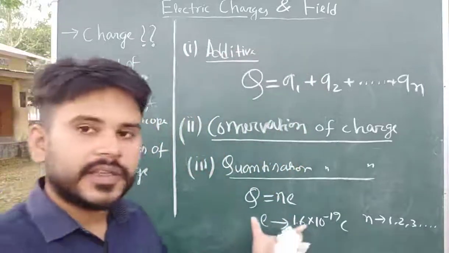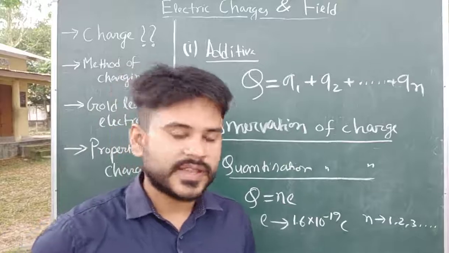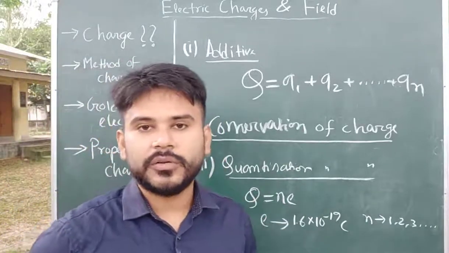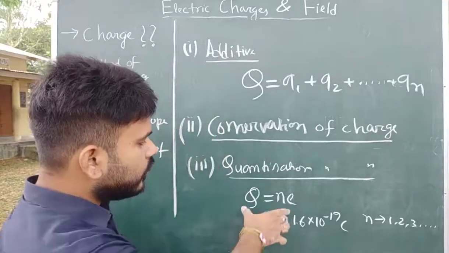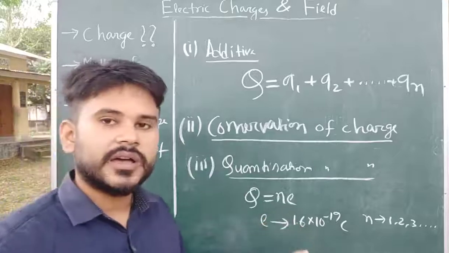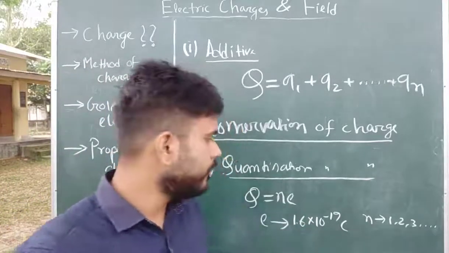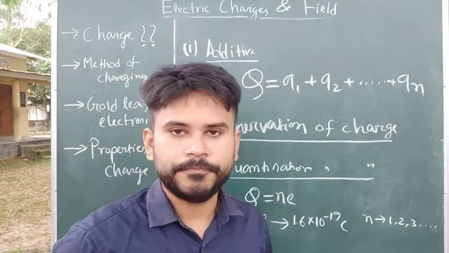This property tells us that in nature, charge on a system is an integer multiple of the basic electronic charge. In that equation, e is the charge of an electron, that is 1.6 into 10 to the minus 19 coulomb, and n is an integer ranging from 1 to infinity.